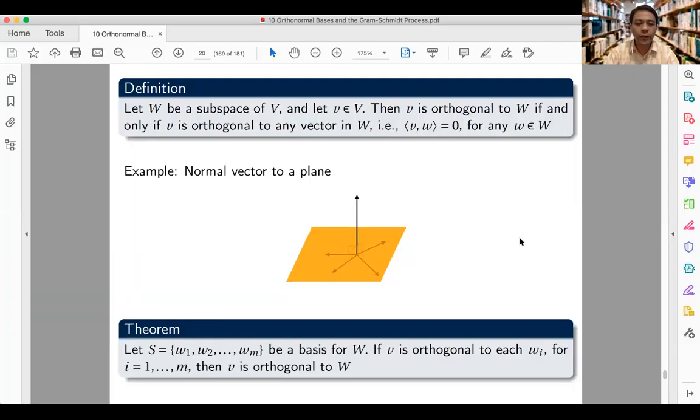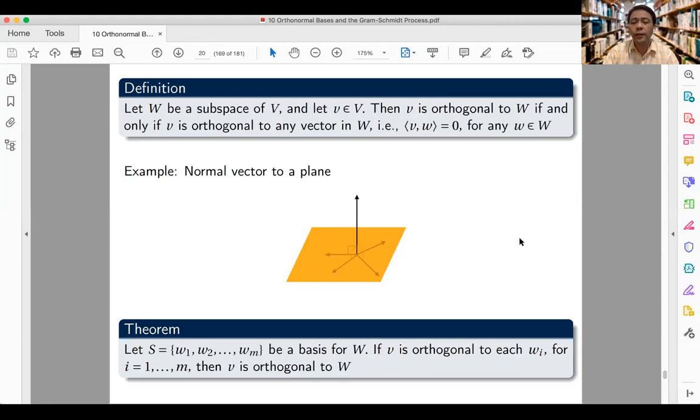As I was saying earlier, if you are going to show that a vector V is orthogonal to a subspace W by getting its inner product with all vectors in W, that is a very dumb thing to do. Kasi ang dami-dami ng vectors in W. So it will take more than 1,000 lifetimes to accomplish that.